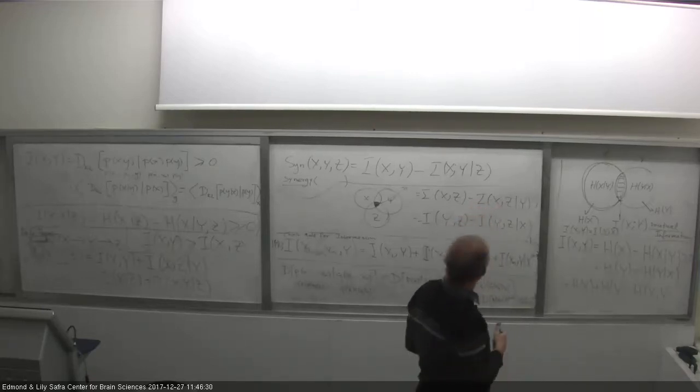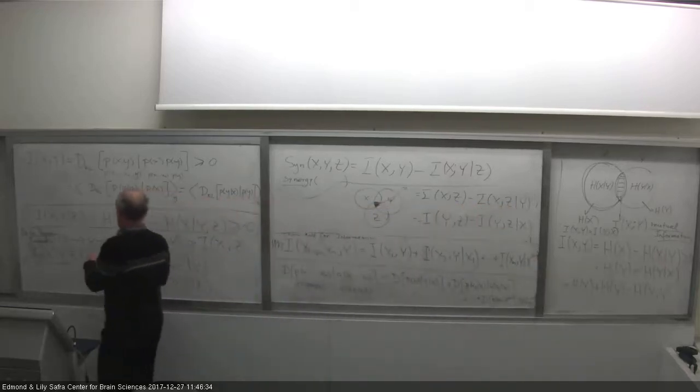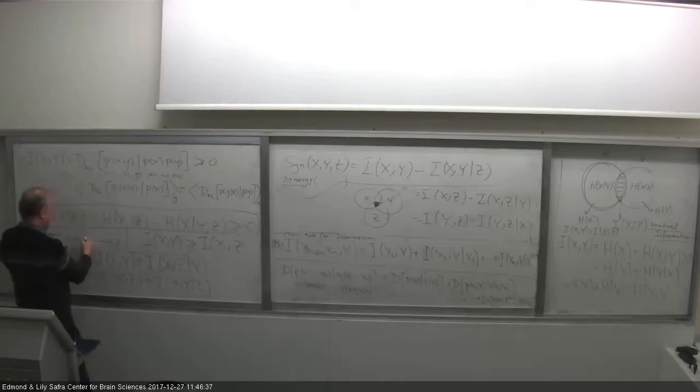And to see this, you see that in a Markov chain, conditioning on y reduces the information, brings it to 0.